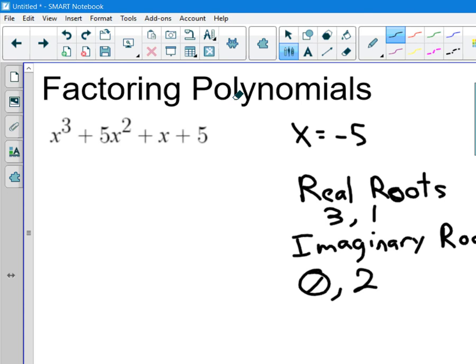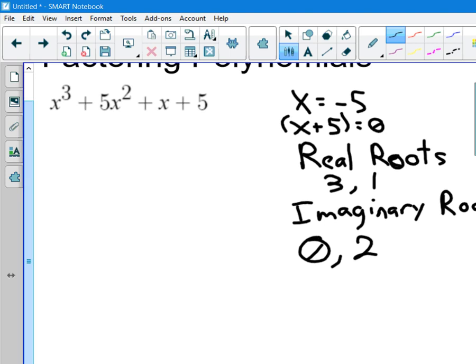When we synthetically divide, if we get a remainder of 0, then that means that x minus 5 is a factor. And so now we just move into this process. This is a 5 that goes in the box. 1, 0, 1, 5.